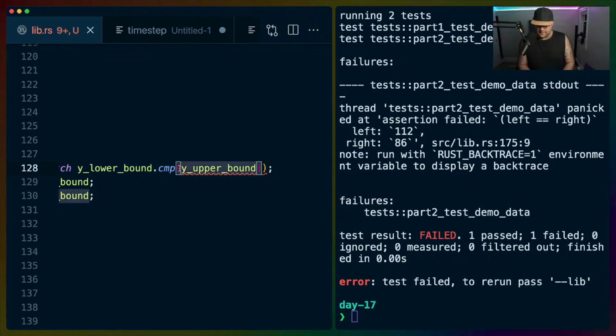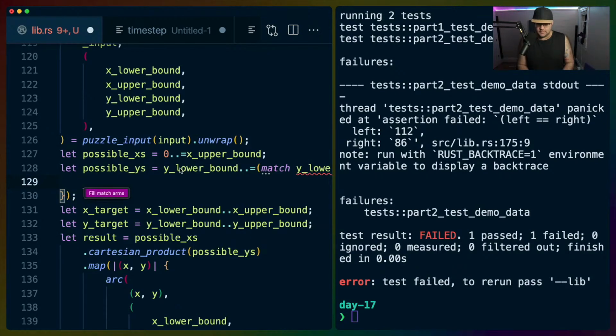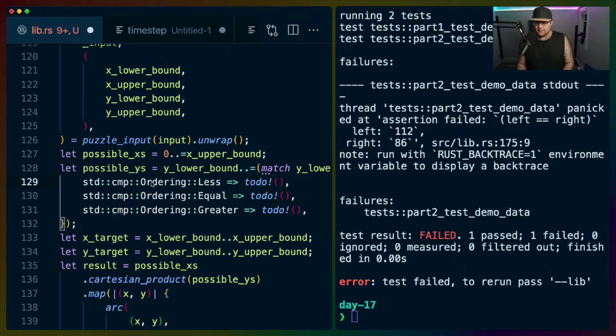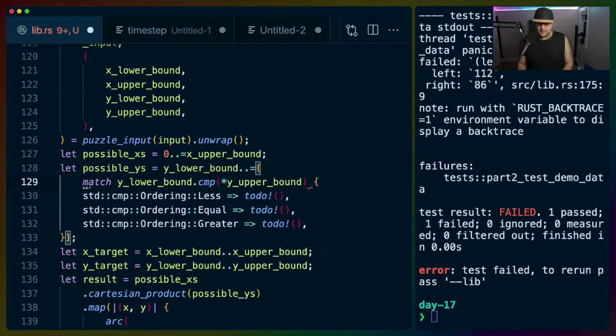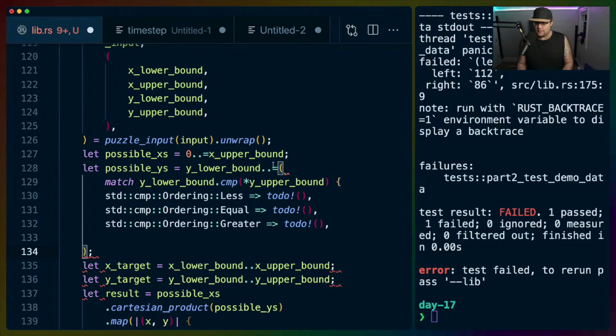And I think this needs to be dereferenced, or I've missed a comma or something. Fill match arms. So if you have never used CMP, CMP is really interesting. Let me pull this down for a second because it's weird.